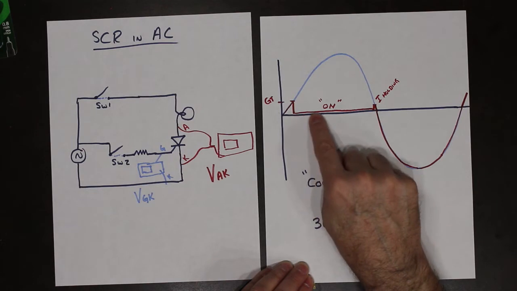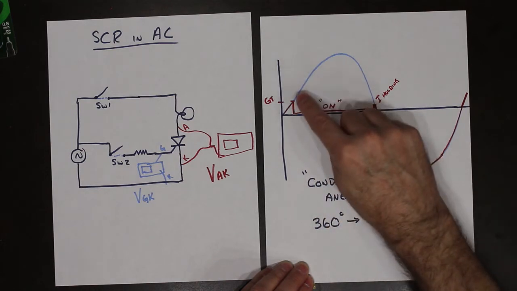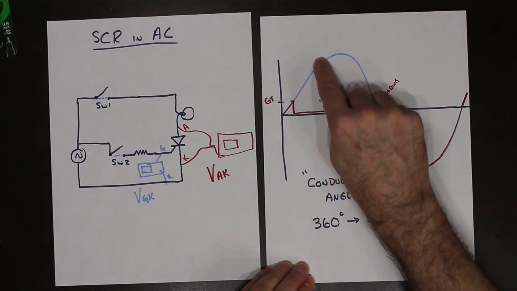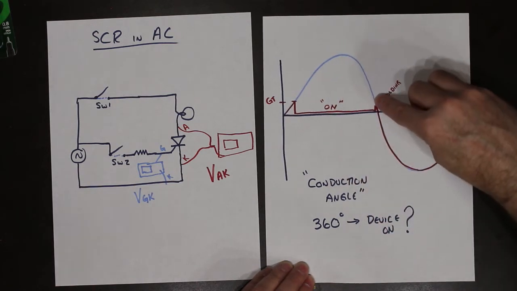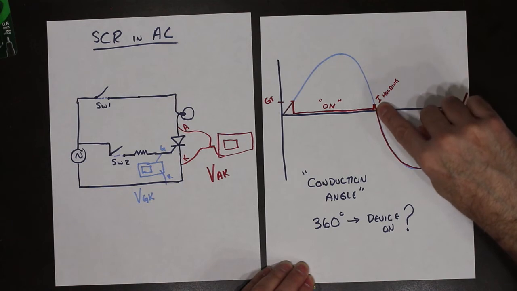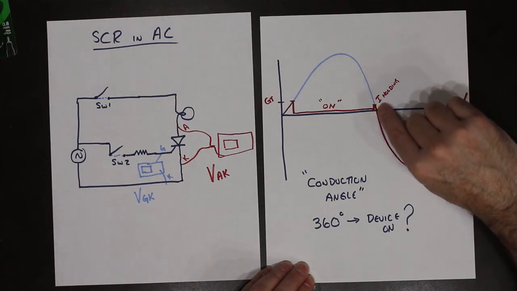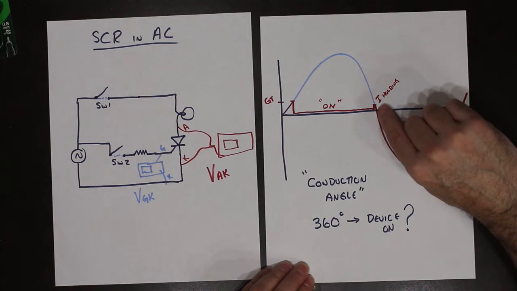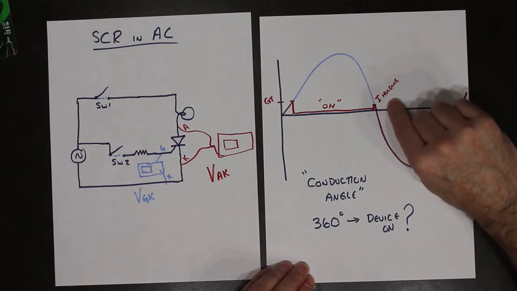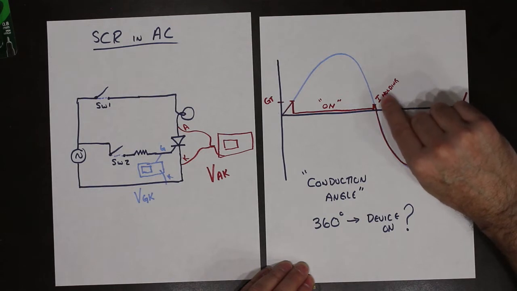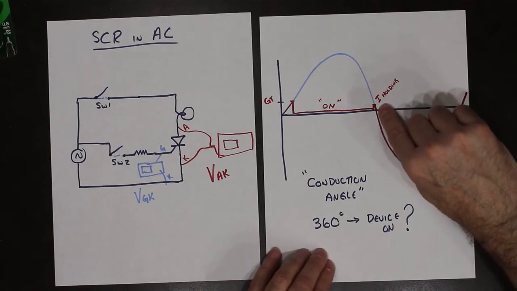It will remain on until such a time as the voltage that's flowing approaches 0, therefore causing the holding current to approach 0. So the current through the device is going to approach 0. It falls below that minimum spec for holding, and the current is shut down.